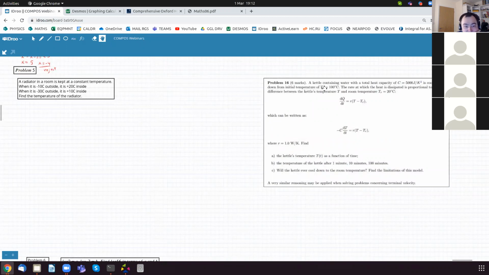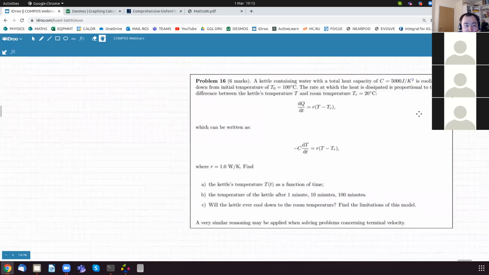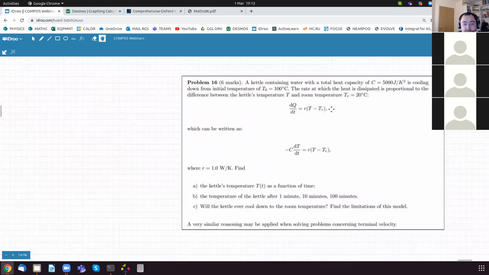So let's look at problem 16 first. A kettle containing water with a total heat capacity of 5,000 is cooling down from an initial temperature of 100 degrees. The rate at which heat is dissipated is proportional to the difference in the kettle temperature. So this is the formula, which can be written as that.